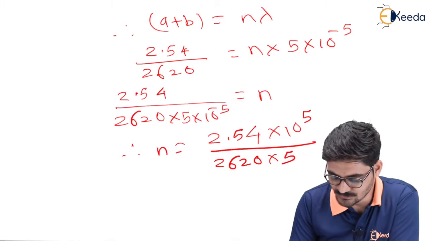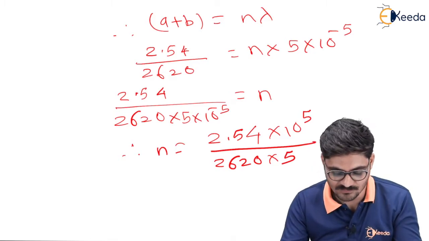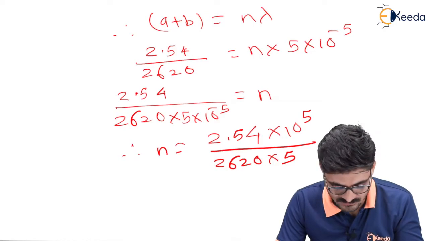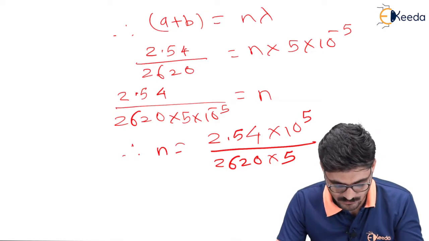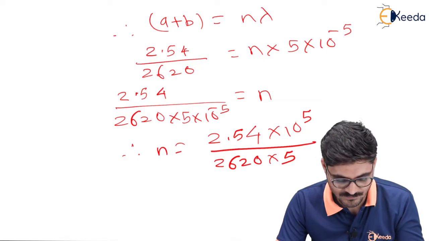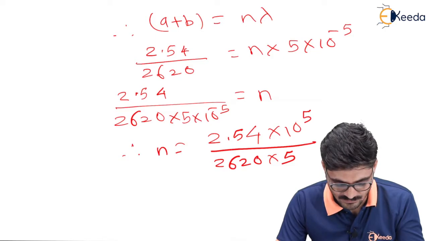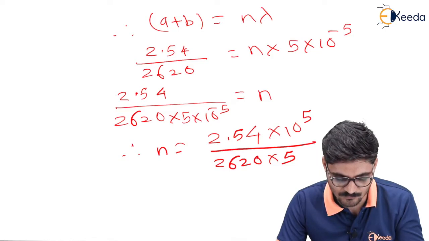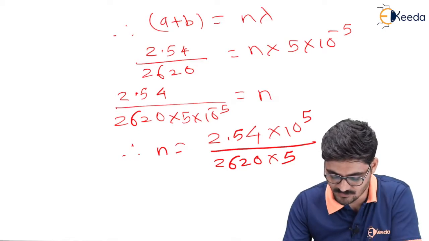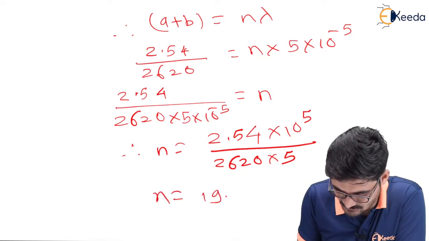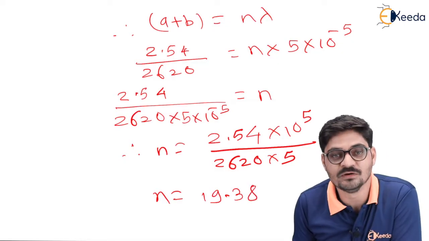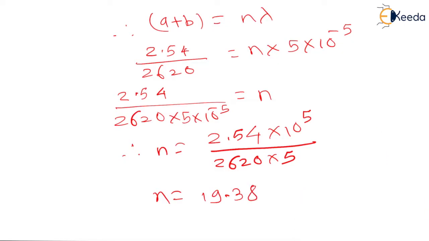Now we'll do this calculation on the calculator. In the exam also the calculator is available. So 2.54 divided by 2620 and divided by 5, we get 1.93 into 10 raised to 5. So the answer we obtain is n is equal to 19.38. Now 19.38 means 0.38 is not even half a band, so naturally we will round it towards 19. So n is equal to 19.